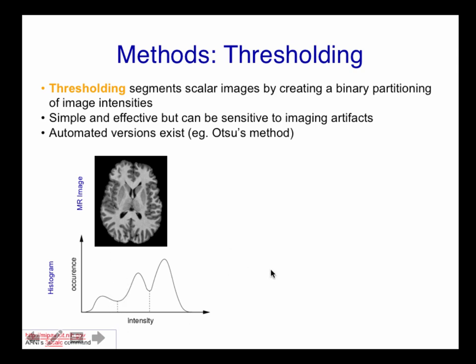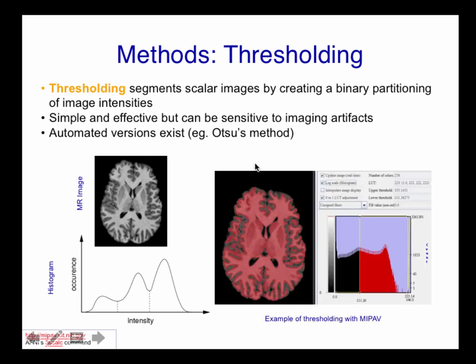Thresholding is most often used as a semi-automatic method, but automated versions also exist. Here's an example of changing the threshold value as we go through the same MR image. I'm using a software package, which you can't see because of these icons, called MIPAV.